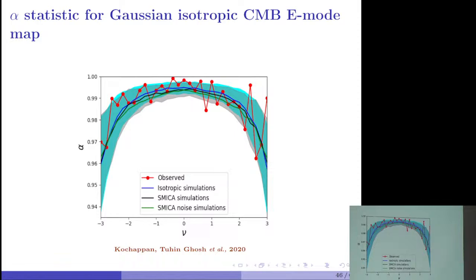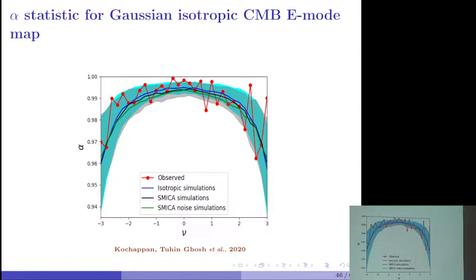Whereas at high positive and negative thresholds, there are just a few structures. For a few, it is highly unlikely that by random chance you distribute them in an isotropic manner. That probability is very low, so that's why this value goes away from 1.